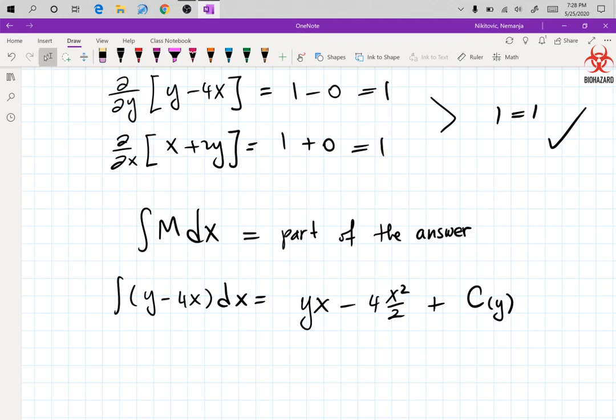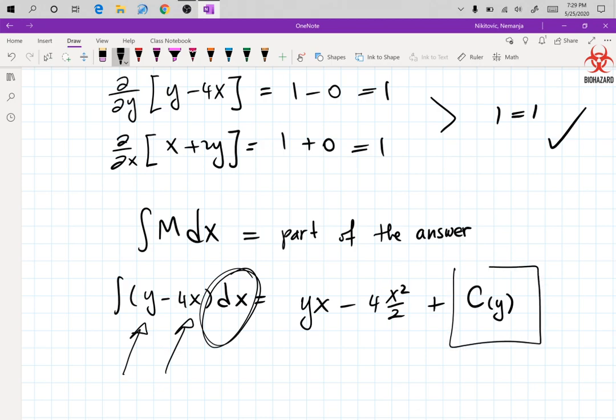Why C of y? Well, remember that I have two variables, a variable y and a variable x. But I am integrating with respect to x, so integration is treating y as a constant. But we know that y is a variable. So this could be some function of y, call it y squared, let's say, and taking the derivative of it with respect to x would still give you 0 and bring the solution back into this.